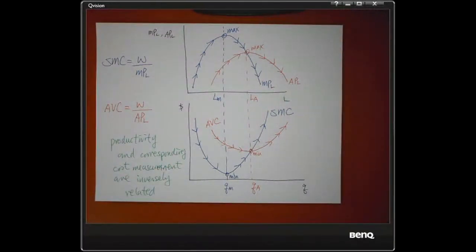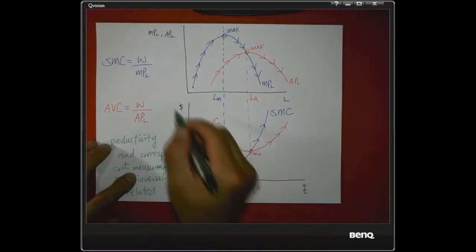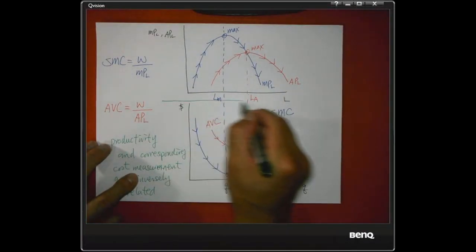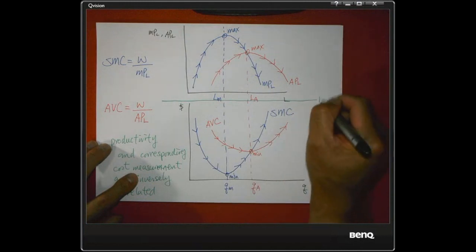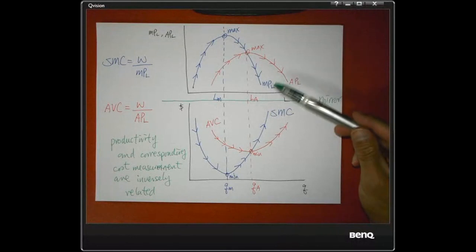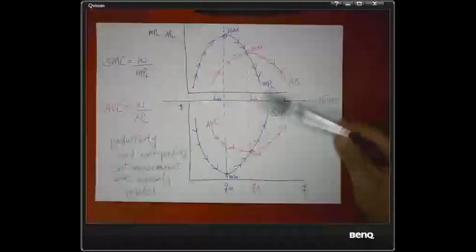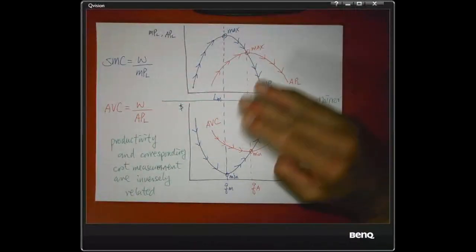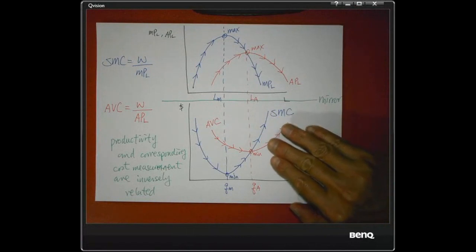So the productivity measurement and the corresponding cost measurement are inversely related to each other. That's why if we fold this in half, this is like a mirror. The image on the top is being mirrored down here inversely in the bottom.